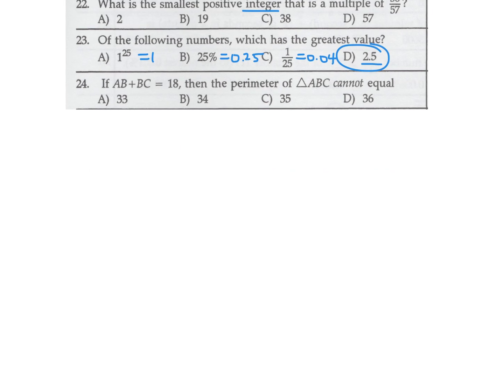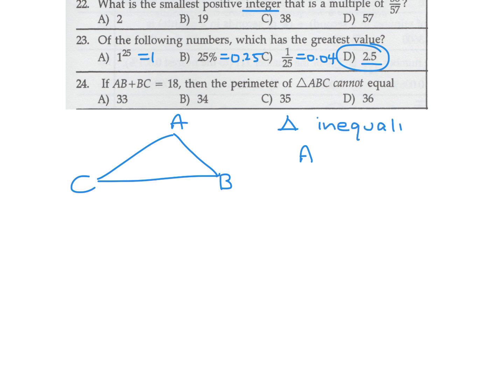If AB plus BC is 18, then the perimeter of ABC cannot equal. So we have a triangle, and we have A, B, and C. Now, there's a triangle inequality, and it states that two sides, so in this case AB plus BC, have to be greater than the third side, AC.